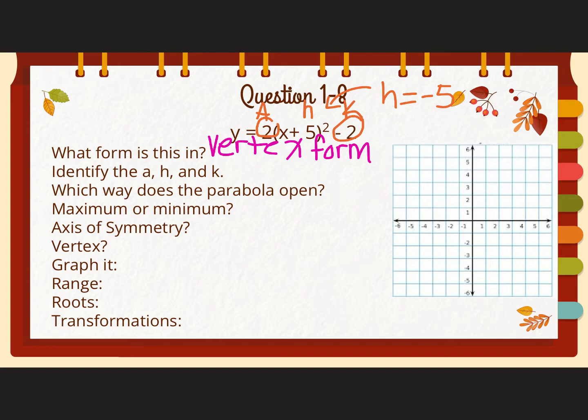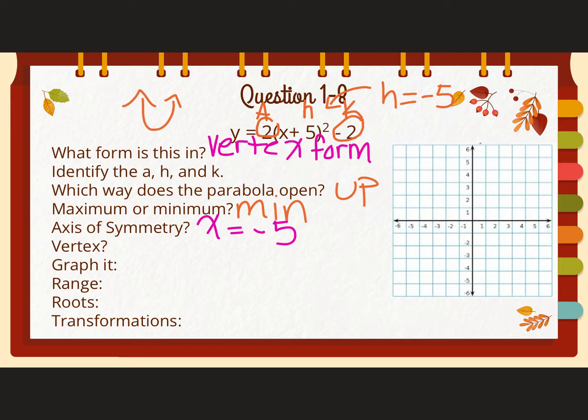And we just kind of answered the next question. We said that A is positive, and when A is positive, you are smiling, so it opens up, meaning you have a minimum. Your axis of symmetry relates to your vertex because it's going to go through the x. So x is equal to -5.